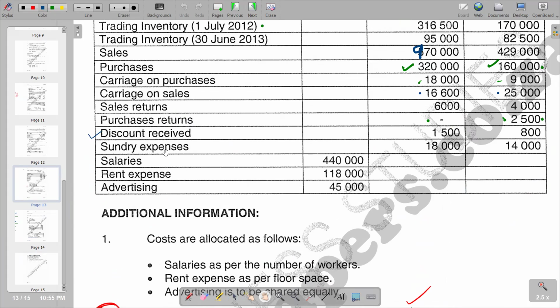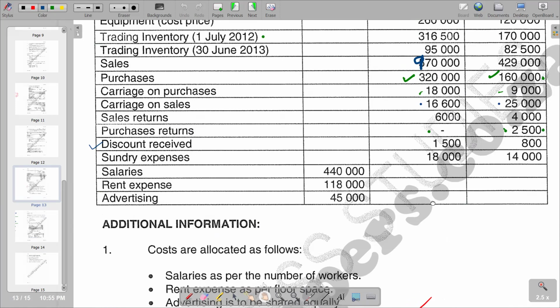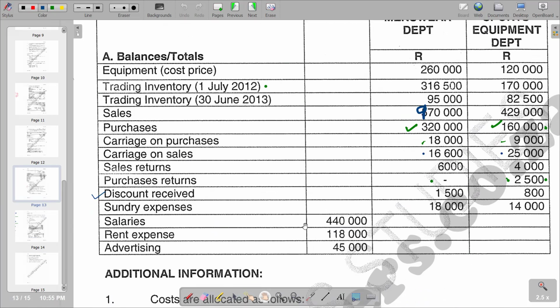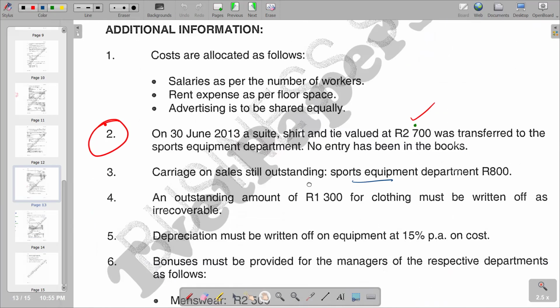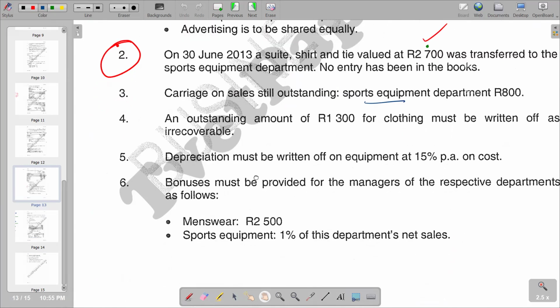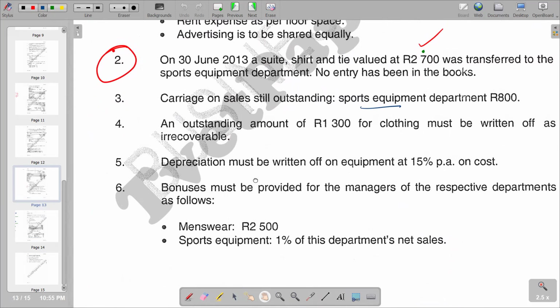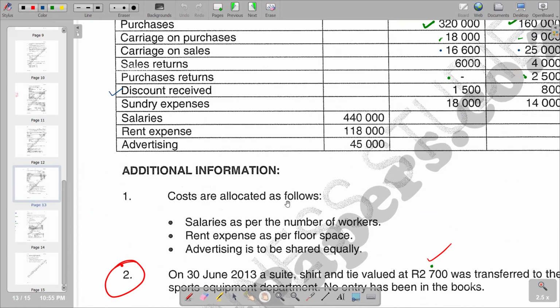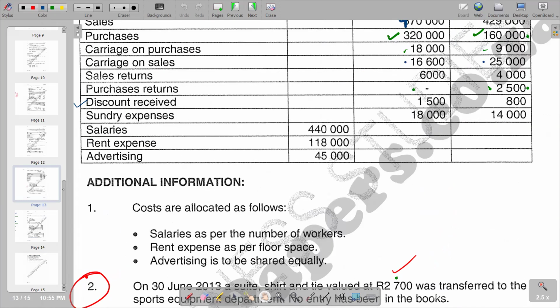We have now sundry expenses, 18,000 for menswear department and 14,000 for sports equipment. But before you enter them, remember you have to check any additional information that is having any adjustment for that. For sundry expenses, we see that we do not have. So in that case, we pick the figures that were given in the balances, 18,000 and 14,000.